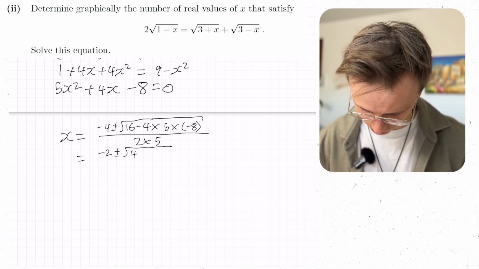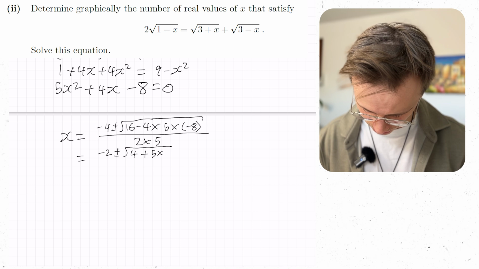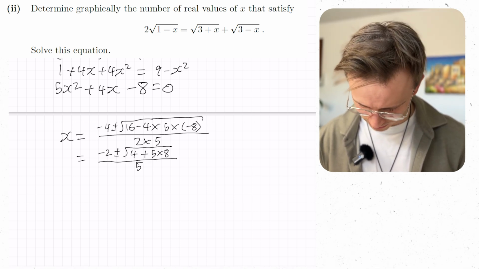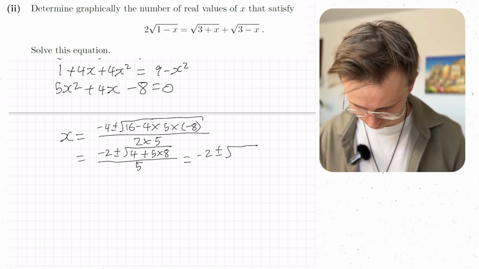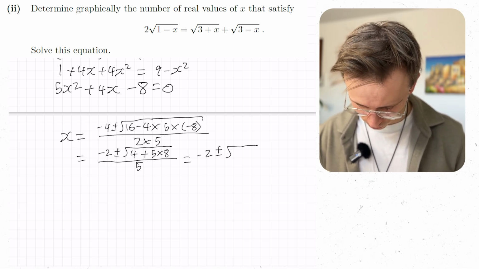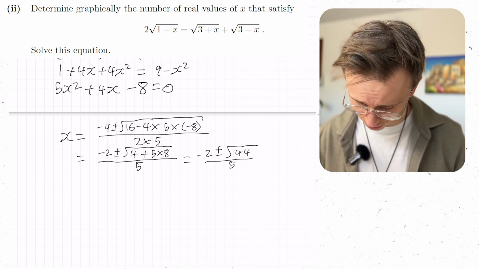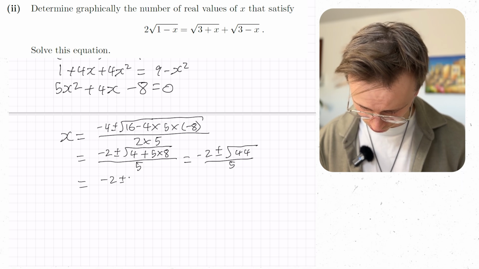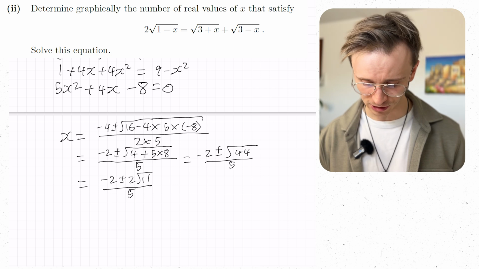The two negatives cancel and divide by 4 gives me plus 5 times 8 all over 5. That's then equal to minus 2 plus or minus the square root of 44 all over 5, which is, I can take a 4 out, so it's minus 2 plus or minus 2 root 11 all over 5.